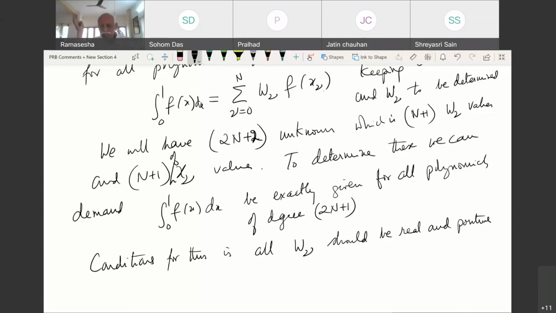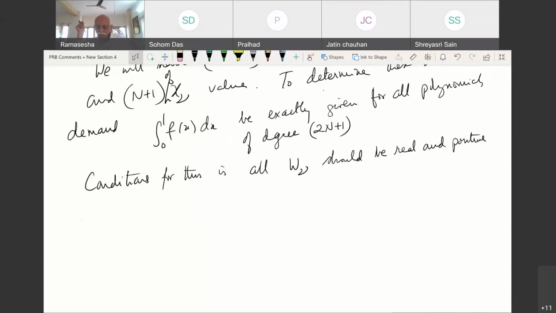You can have only weights between 0 and 1, and all the points should be real and in the interval 0, 1.